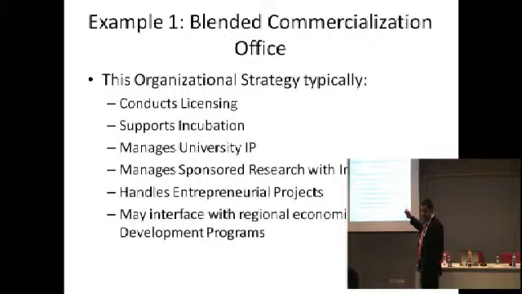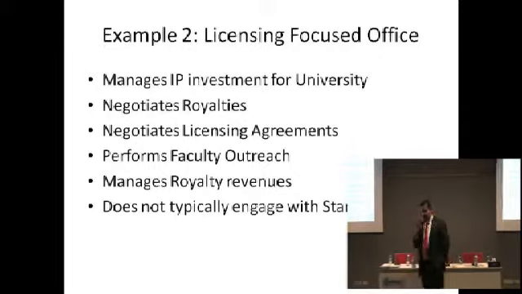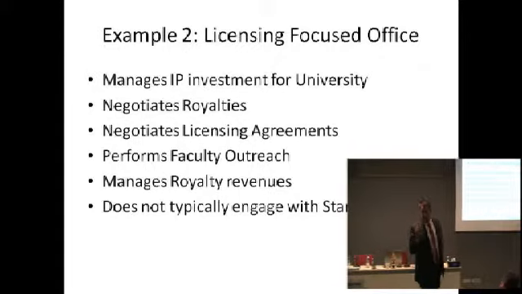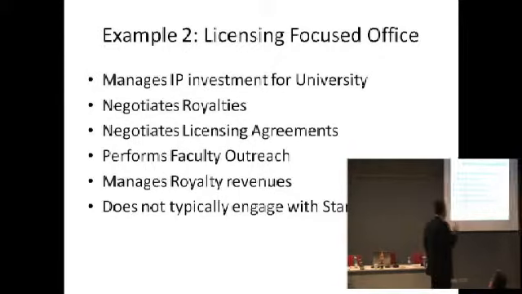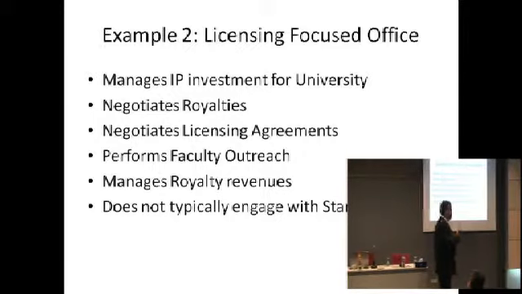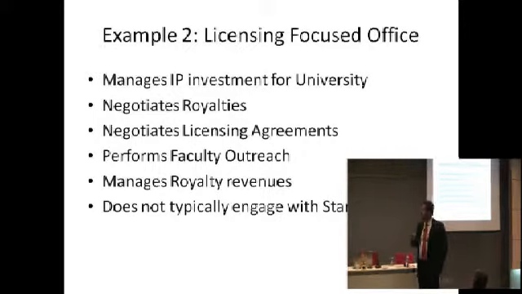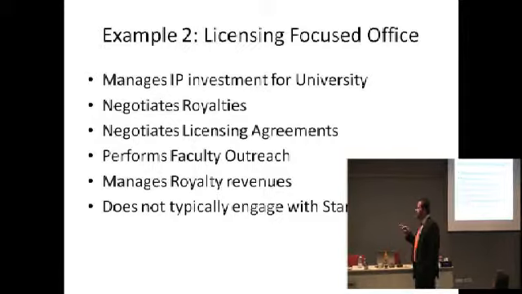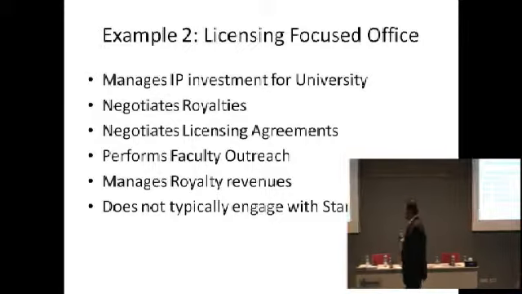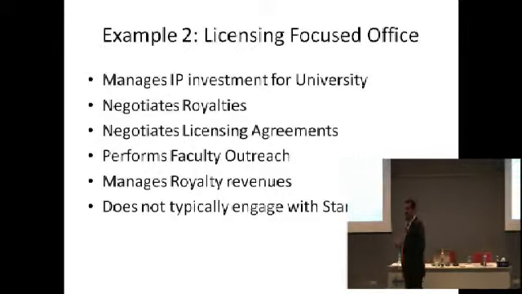Example two is a licensing-focused office. So they conduct licensing here. It's not a focus. Okay? There's a licensing-focused office which manages IP investments for the university. It manages it, not just files. It manages it. It negotiates royalties, negotiates licensing agreements, performs stakeholder outreach, manages royalty revenues, and typically does not engage with startups.